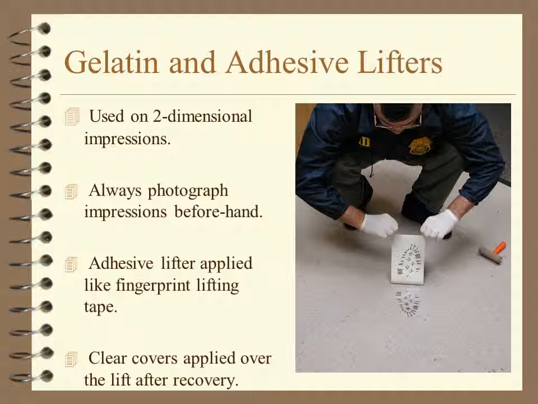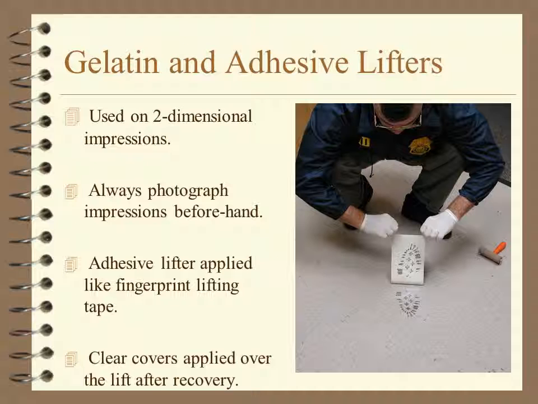Finally, there's gelatin and adhesive lifters. These sorts of things are not only useful for footwear impressions, but they're also useful for palm impressions and large fingerprints, especially if you're trying to capture multiple fingers and multiple joints. You always want to photograph these impressions before using them, although they can often be very successful.